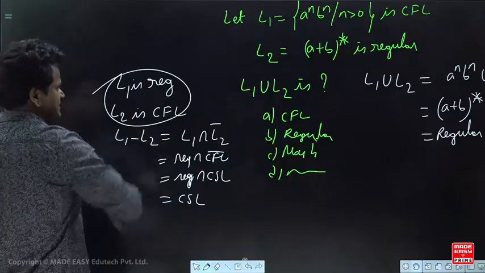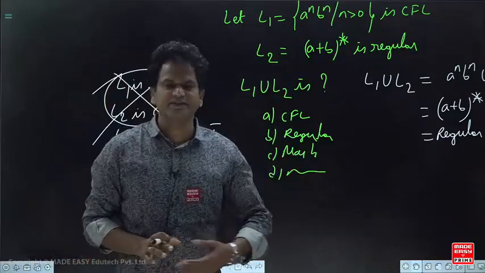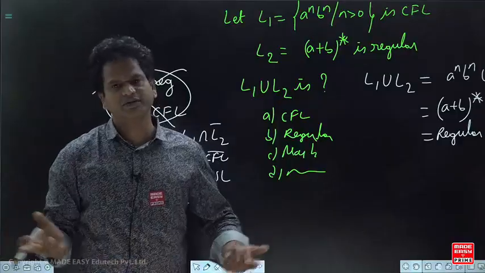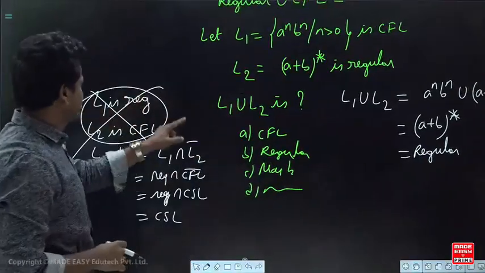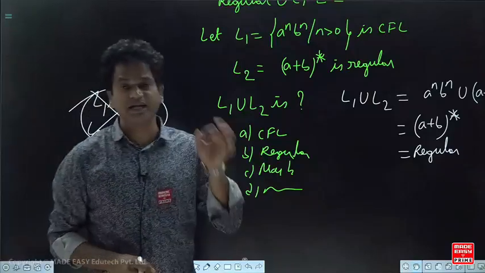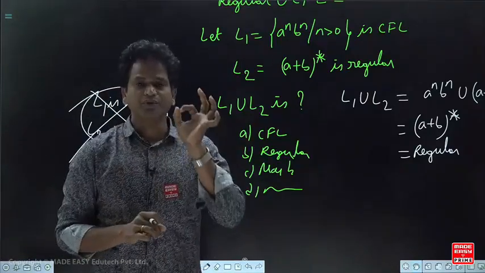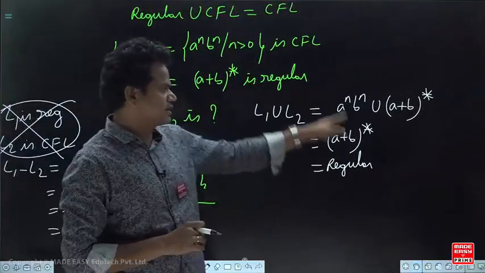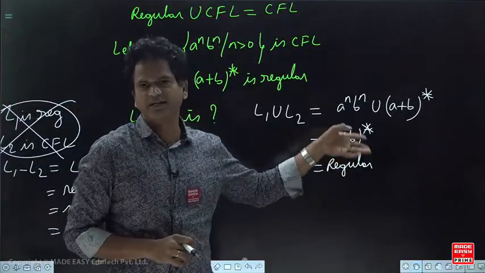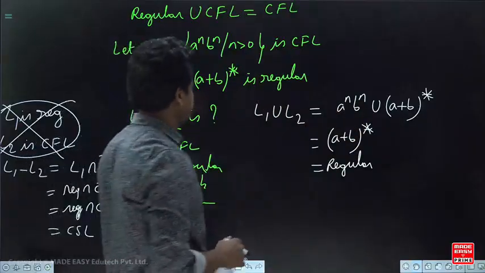If they don't give you the set difference of a CFL with regular, but give L1 and L2 properly, you go for the actual operation, whether union, intersection or subtraction. So that's all, guys. We'll go for the next concept.